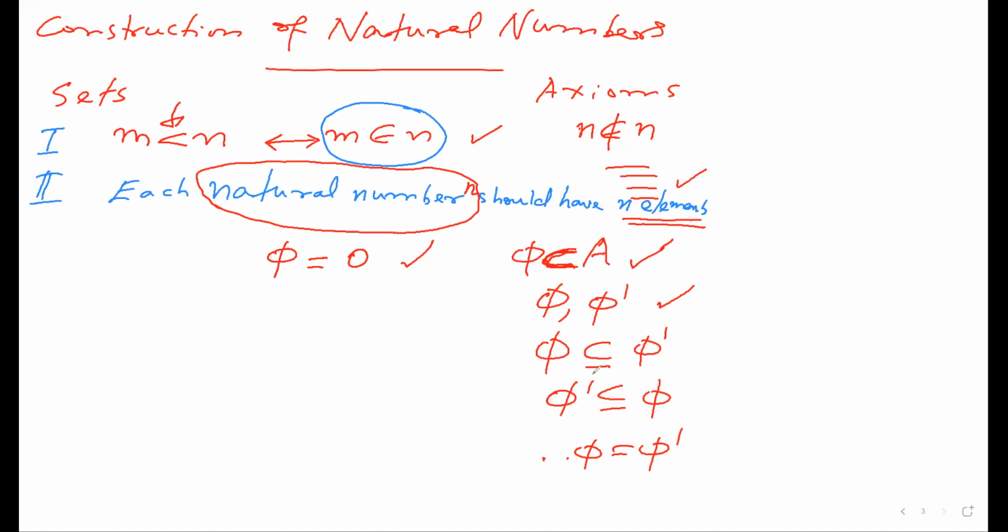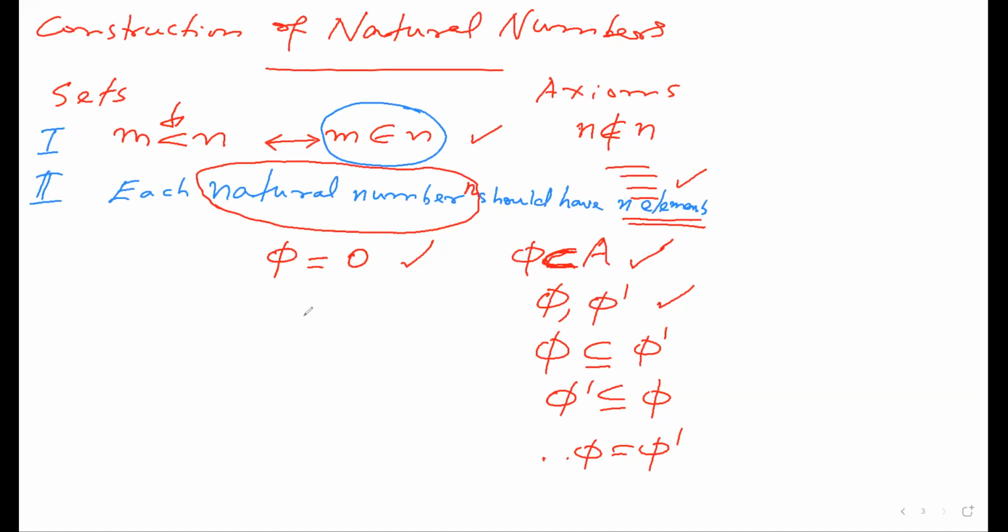Just one element, there is an infinite number of sets. But empty set, the set containing no element, there is only one set. And that is the reason why it makes sense to start with the empty set, because you are starting with a unique set. Follow?